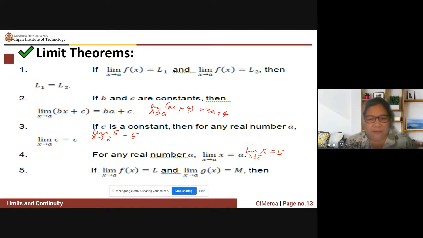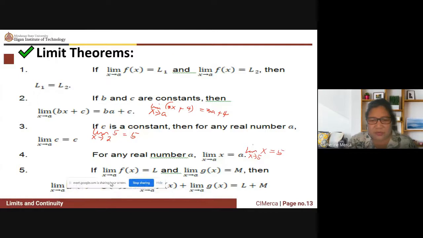Next, if limit of f of x equal to L and limit of g of x equal to M, then when you add the limit of the functions, you also add the values of the limits. Limit of f of x plus g of x as x approaches a is equal to the limit of f of x plus the limit of g of x.